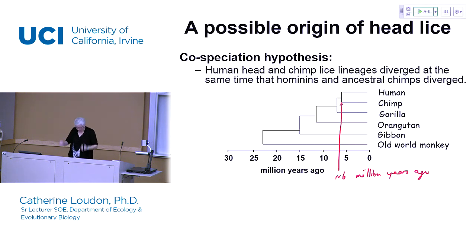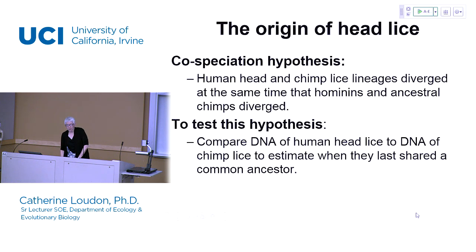Then one would expect it to be at about the same time, right? How would you test this? You can compare the DNA of head lice to the DNA of chimp lice. And if you then use molecular clock reasoning, which I'll go through on Monday, to estimate when they last shared a common ancestor, you can try to put dates on this.